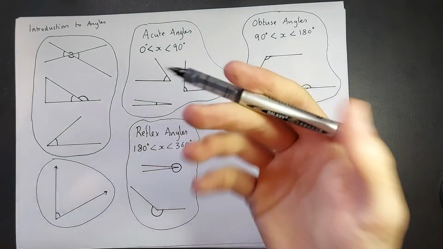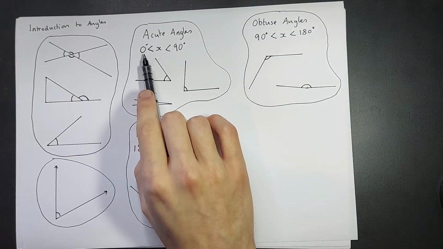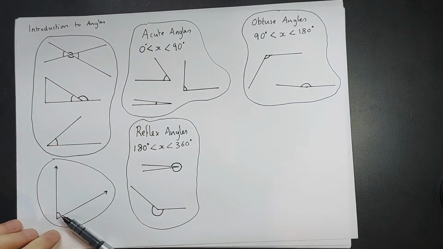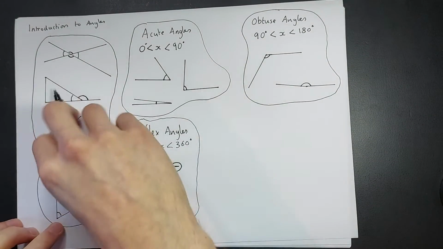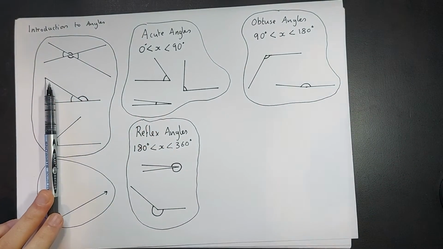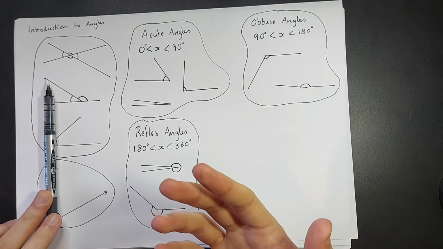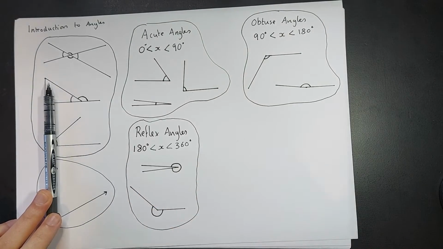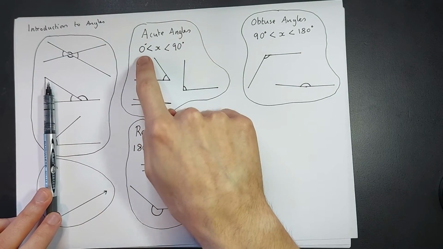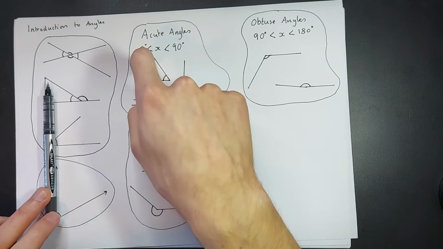Firstly, why am I not including 0 degrees here? An angle of 0 degrees, if you think of it in this context, if you are pointing in one direction and then you turn 0 degrees, what way are you facing? Well, you're facing the same way. So you're not really turning at an angle. So 0 degrees is not really an angle you can draw.